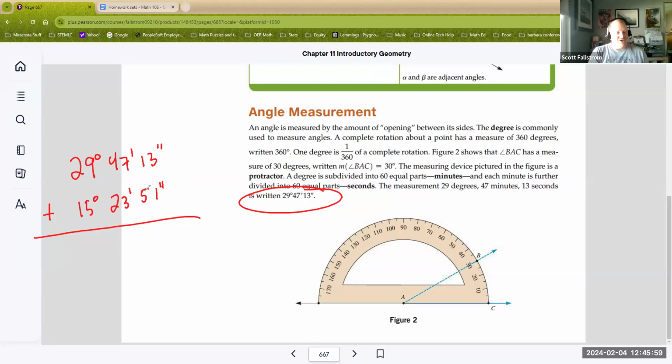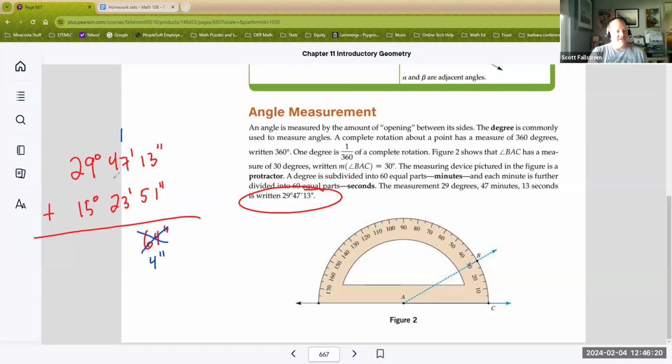So when you add and you get 64, don't leave it as 64. Say, wait a minute, I have to regroup. This would only leave me 4, and I would bring one more minute because 60 seconds is 1 minute, with time and also with angles.